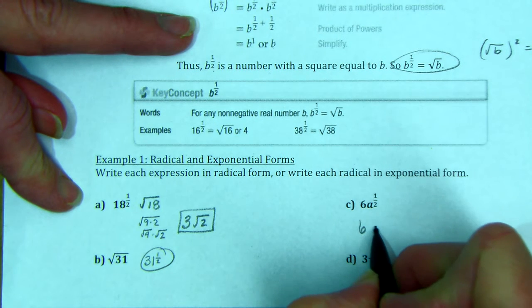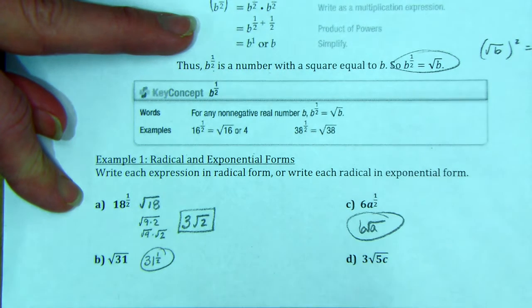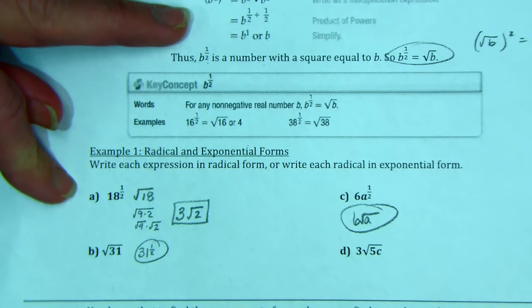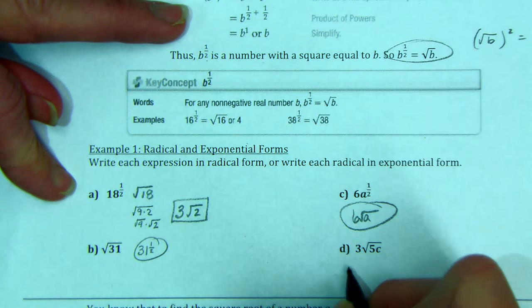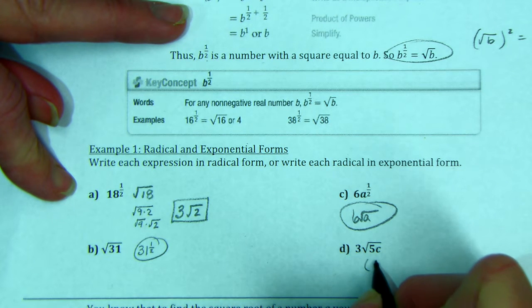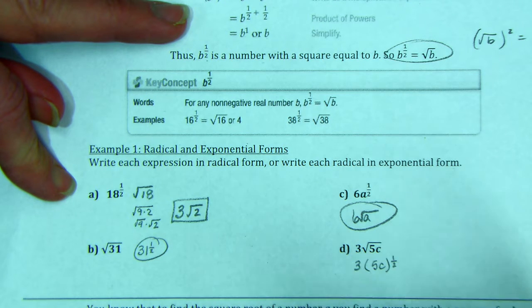So it's 6 times the square root of a. That's your answer. All right, and then letter D is 3 square root of 5c, and so this is to the 1/2 power. And I would let you just leave it like that.